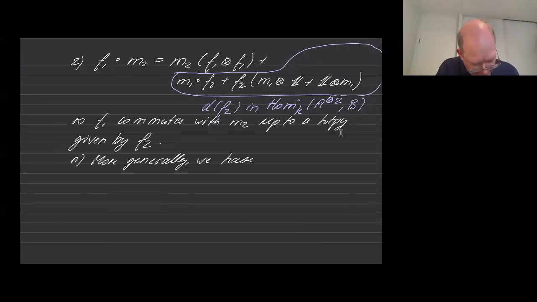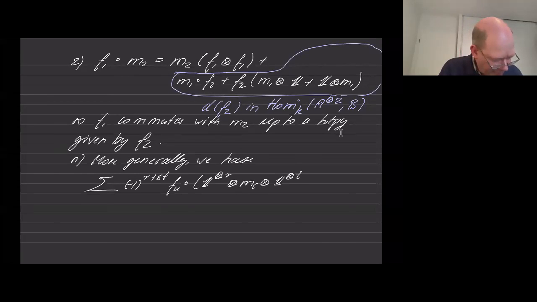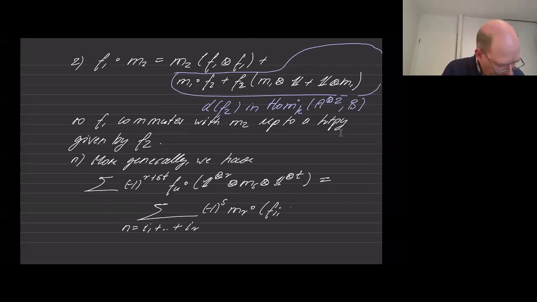We take the sum over (-1)^(r+st) of Fu composed with 1 tensor r tensor Ms tensor 1 tensor t, and this should be equal to the sum over all decompositions of n into positive integers i1 up to ir of (-1)^s times Mr composed with Fi1 tensor up to Fir. For s you can look at the notes.